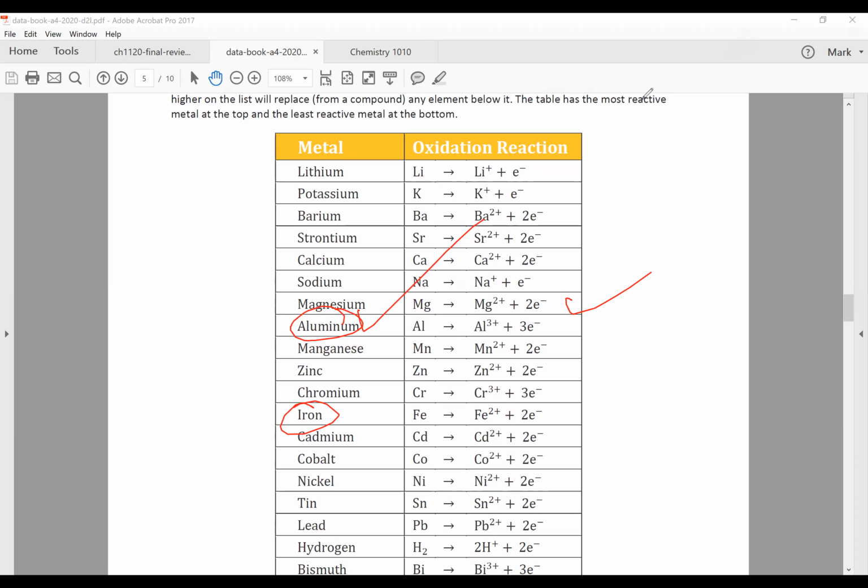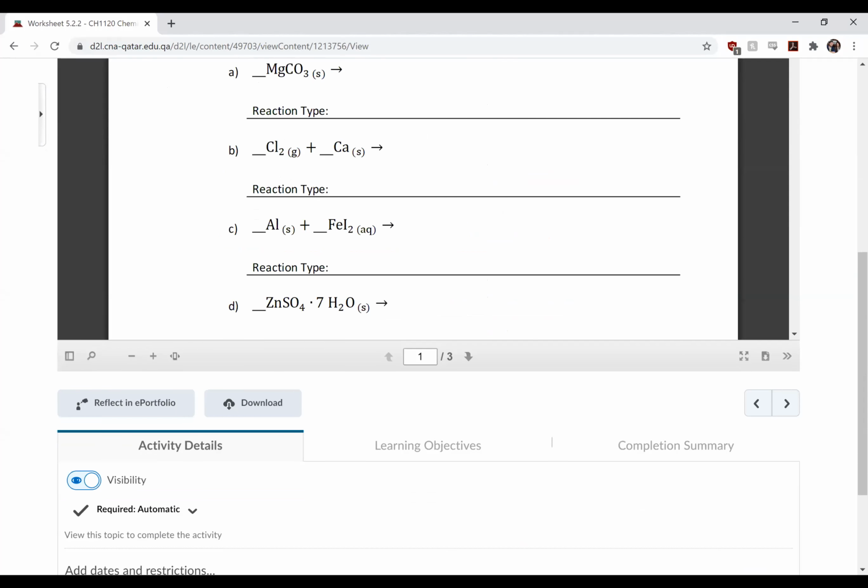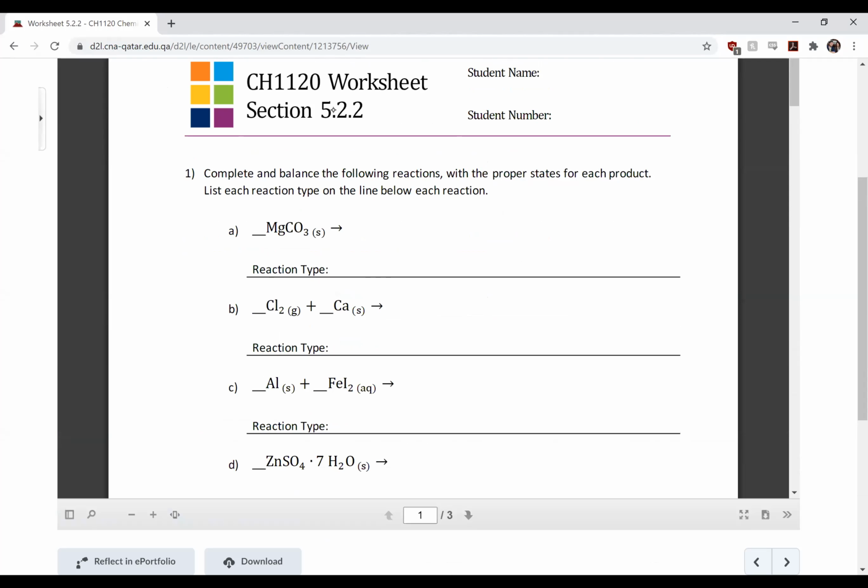So that means that this single replacement reaction will happen. So I go back to my notes. So this is single replacement. Aluminum will replace the iron, so I get aluminum iodide. Now I need to balance that chemical equation. Aluminum is +3, so iodide would be 3 here. And then I get poor old iron all by himself.